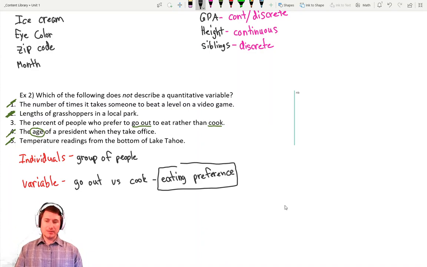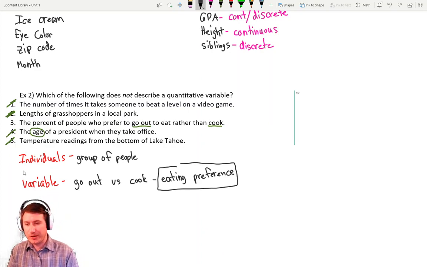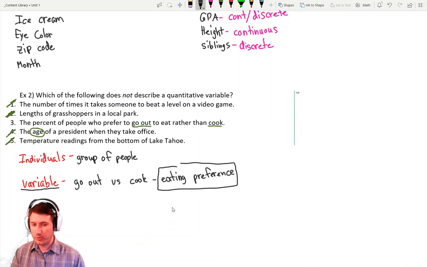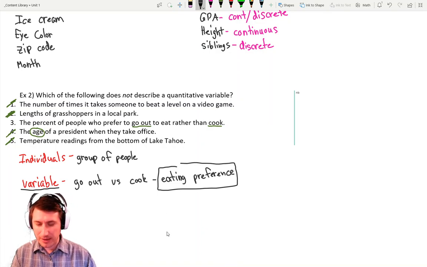Even though at the end, I'm going to take all the data and summarize it and say, hey, 30% of the people we asked wanted to eat at home. 70% wanted to go out to eat. I may use numbers to summarize my findings, but the actual variable of interest, the thing I asked, was a categorical variable. All right, I hope that made sense. If not, come ask me some questions.